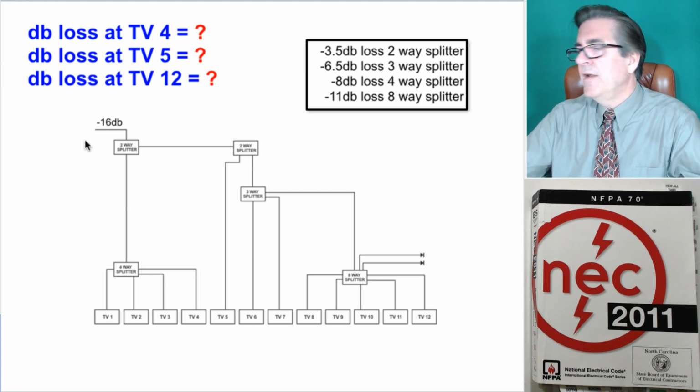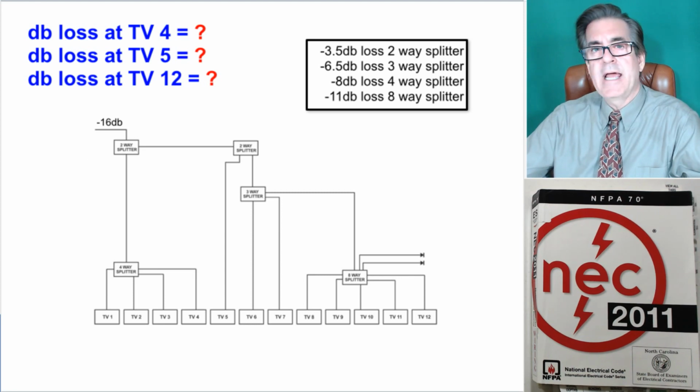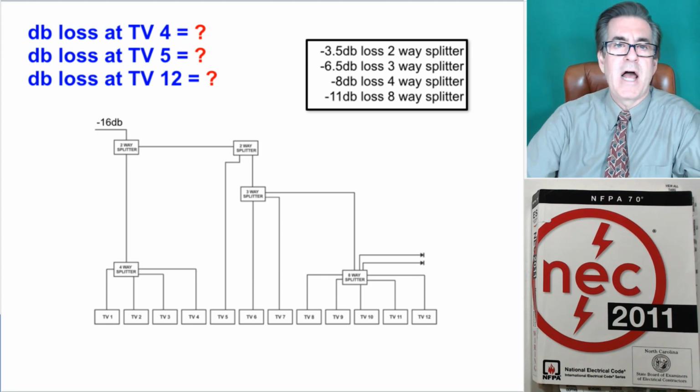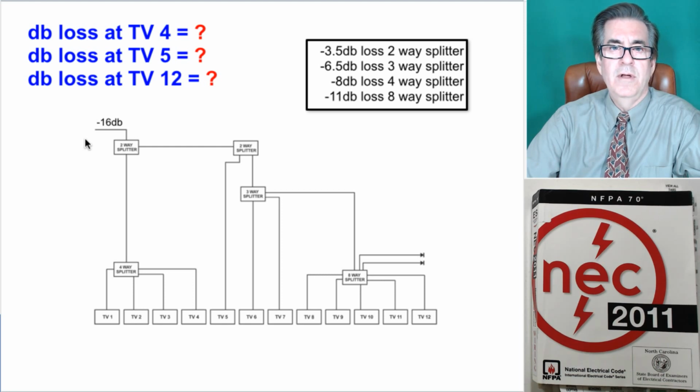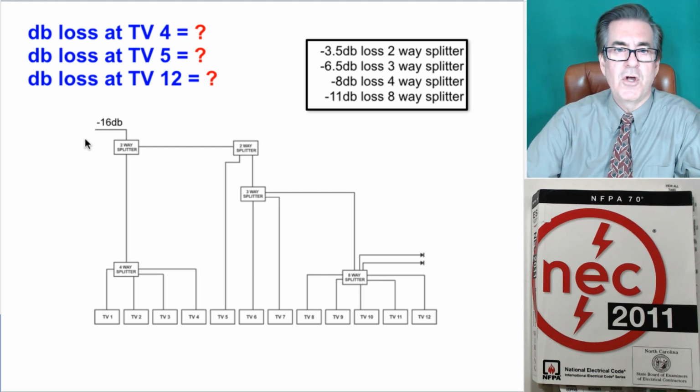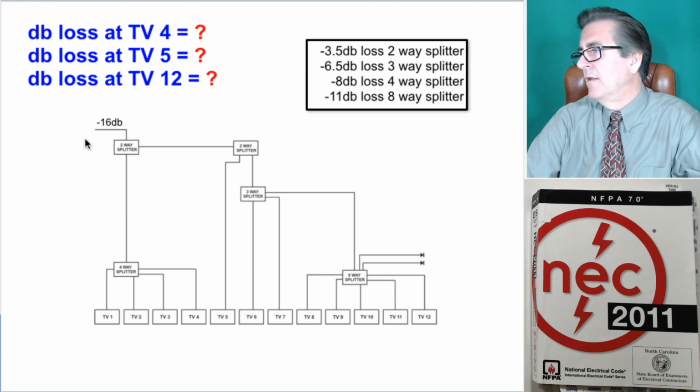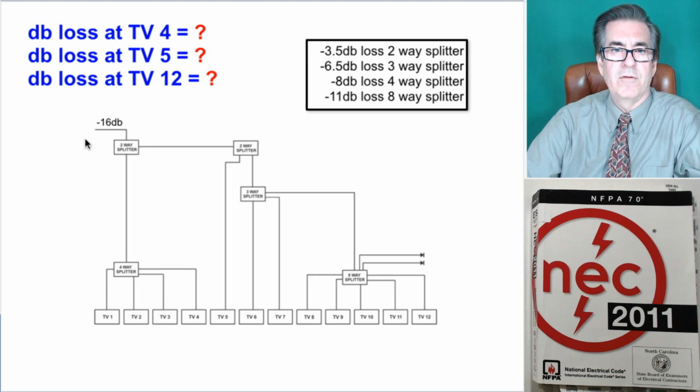Now, the signal input is already at a negative decibel level, so it's coming in at a negative 16. They may or may not give you the dB input level. It could be positive, could be negative. Sometimes they don't show you that level, and you're going to have to assume maybe it's 0, and then you would add up whatever splitters there are as the negative factors.